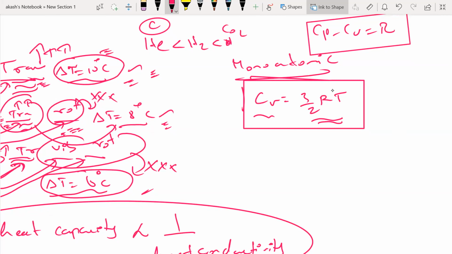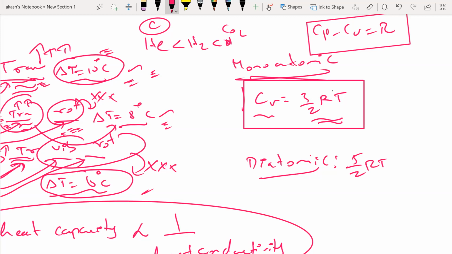Okay, right? And then for a diatomic gas, why is it changing like this? Okay, for a diatomic gas, I think they will have 5/2 RT.